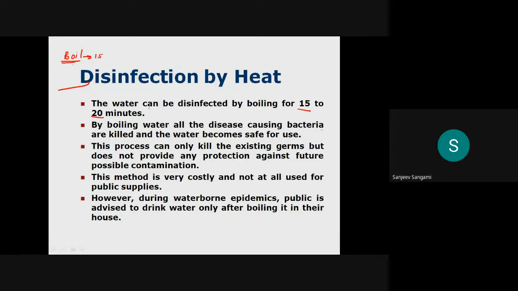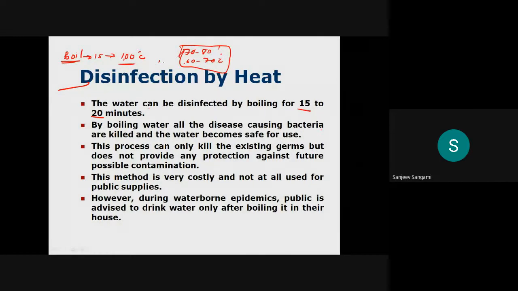For example, the boiling temperature is normally 100 degrees centigrade. Suppose you are maintaining only 72 or 80 degrees centigrade, or 60 to 70 degrees centigrade, then it is not going to kill the pathogens.